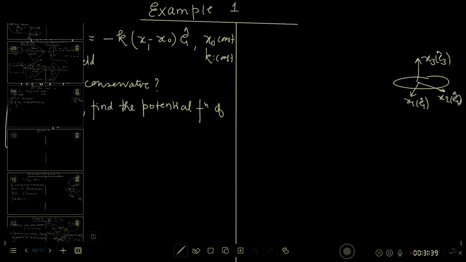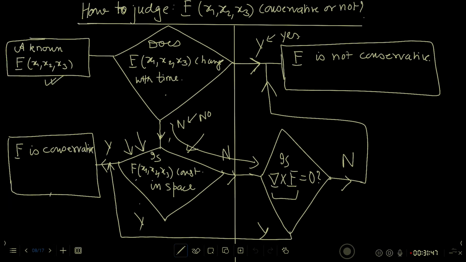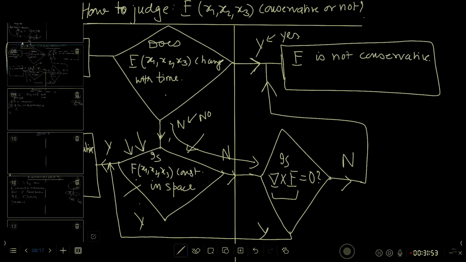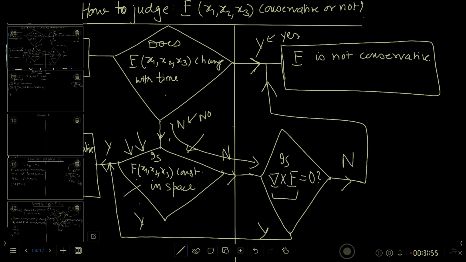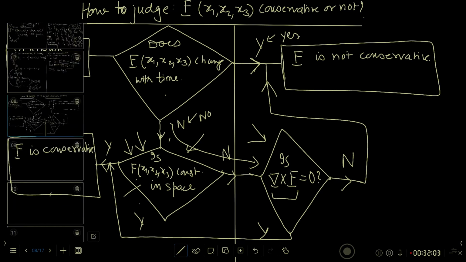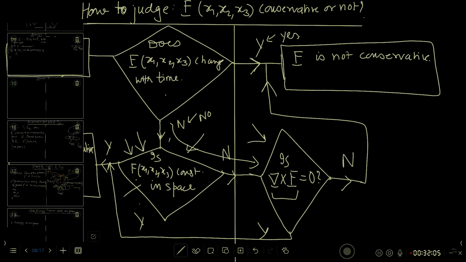No, it is not depending on time. Second decision box, is it a constant? No, it is not a constant. It is depending on x1. Third question, I come here. Is del cross F 0? I'll have to check. Let's check if del cross F is 0 or not.